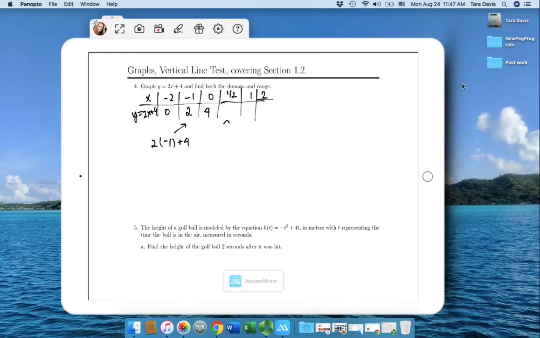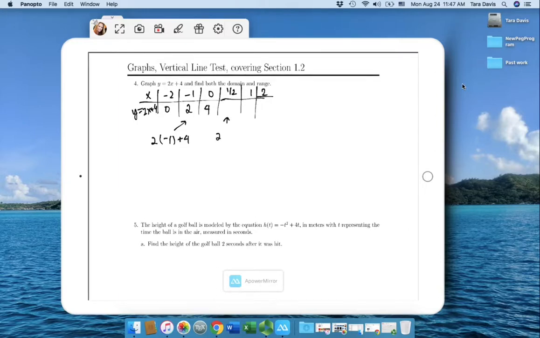If you aren't sure about the fraction one, we can always do it the long way. So 2 times 1/2 plus 4 is 1 plus 4, which is 5, right? Next we'll have 2 times 1 plus 4, which is 6, and then 2 times 2 plus 4, which is 8. Okay, so we're going to try to make the graph now.